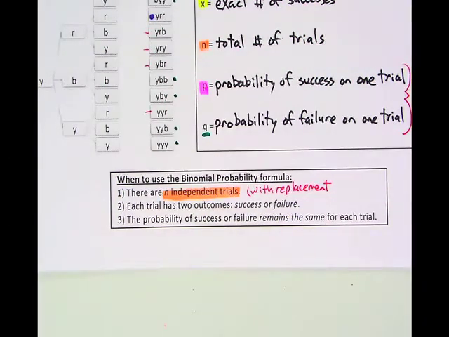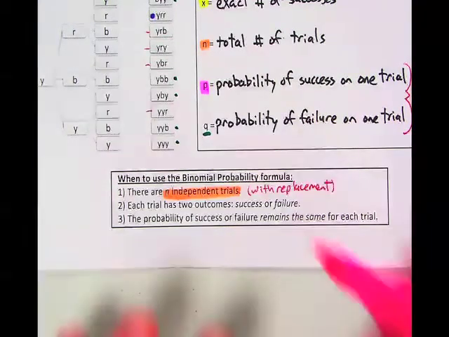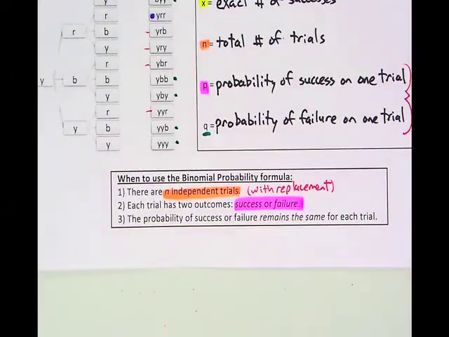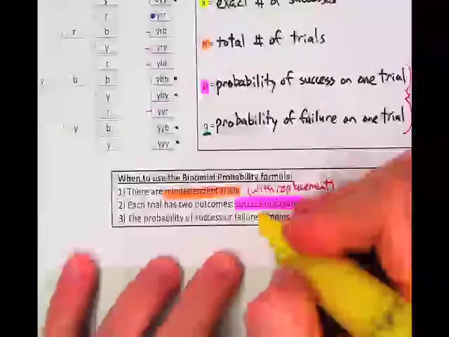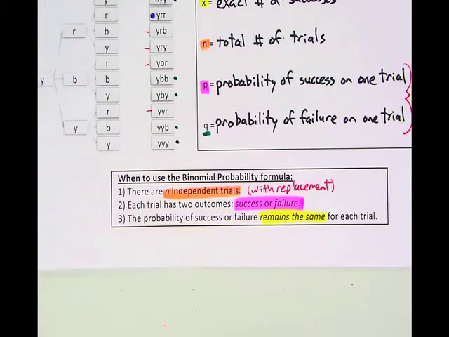Now each trial has to have only 2 outcomes, and we measure the outcomes as either being a success or a failure. So either the event happens or it doesn't happen. And it turns out that the probability of success or failure must remain the same for each trial. So it doesn't change one trial to the next.